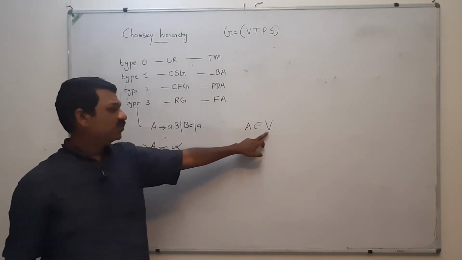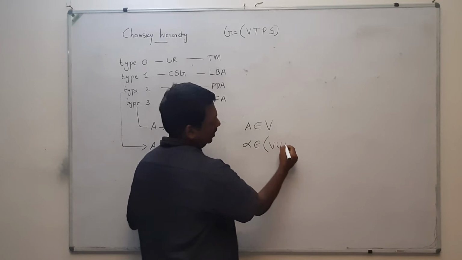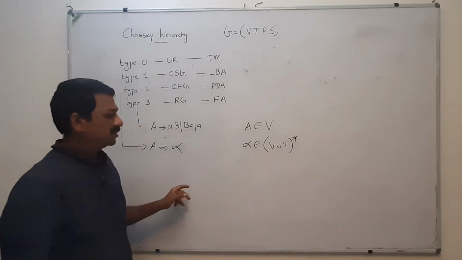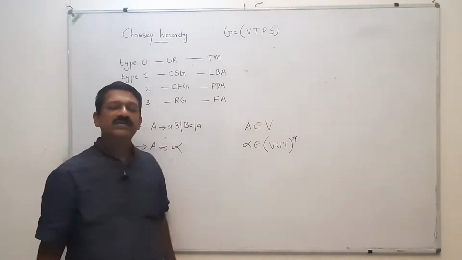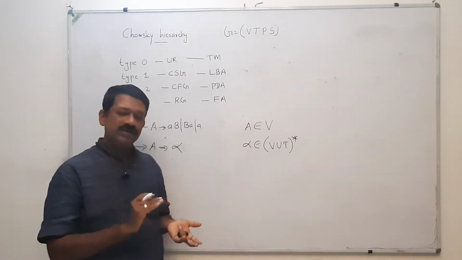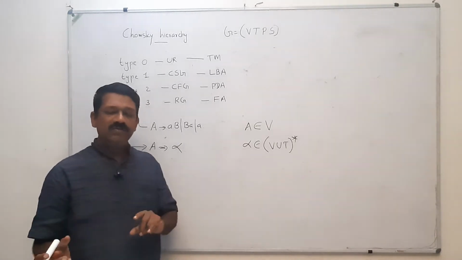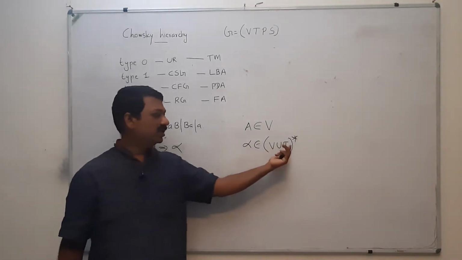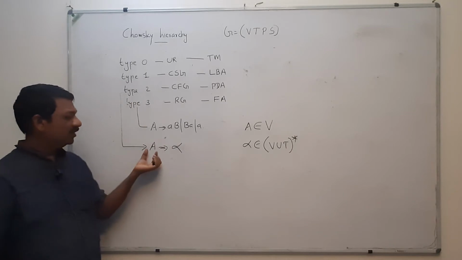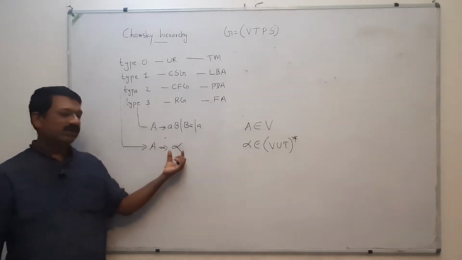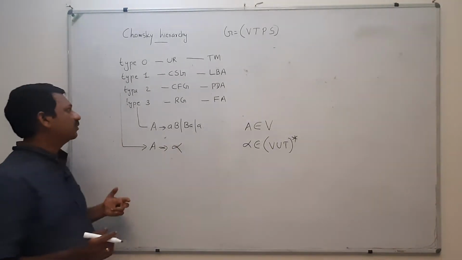A stands for V, and alpha is a member of (V union T) star. That means this alpha is a string of variables, terminals, or variables and terminals, that is (V union T) star. In type 2 grammar, the left hand side is a single variable, and on the right hand side you can have any number of terminals, non-terminals, or terminals and non-terminals.